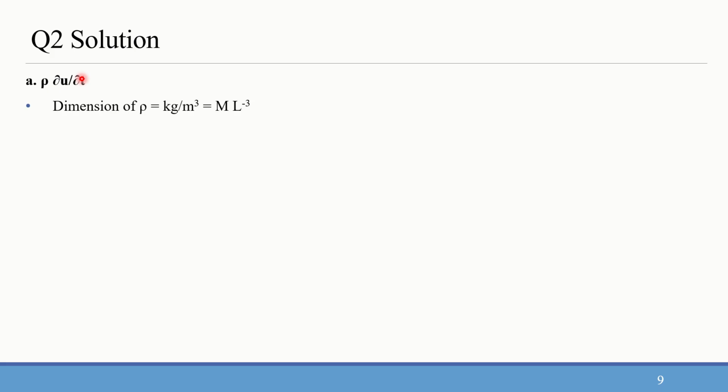So the dimension of rho is kg per meter cube. Kg is mass, meter is length, so it is M L minus 3. The dimension of u is meter per second, where m is length and s is time, so L T minus 1.